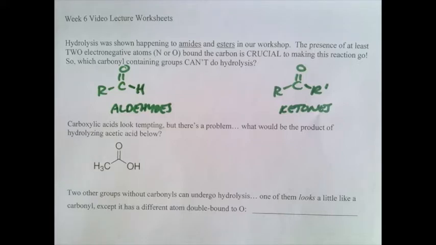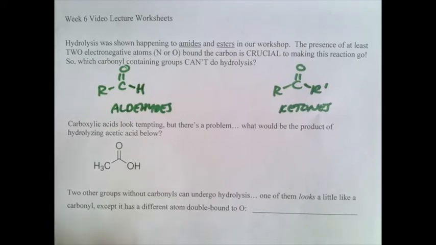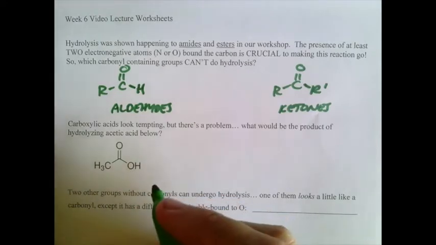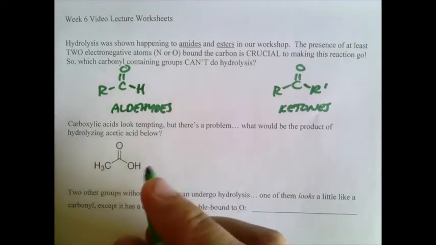Now, carboxylic acids, and for that matter carboxylates, look a little bit tempting because you do see, again, kind of the outlines of that ester, the carbonyl and the really electronegative atom. However, I'm going to show you really quickly why this doesn't work.